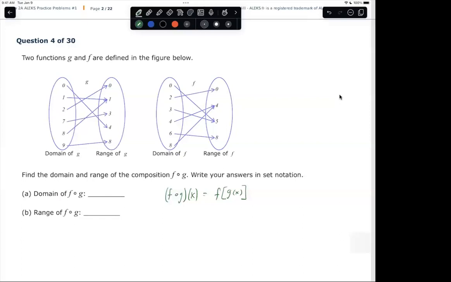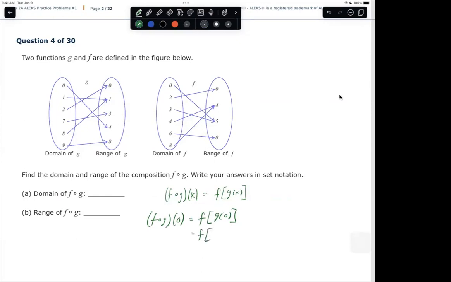If we look at the domain of g, we can start with, let's say 0, and it's right there in the top. So 0 is definitely a value that we can plug into g, right? So let's try plugging in 0 into f of g. F of g of 0 is f of g of 0. And so can somebody tell me what g of 0 is? 4.